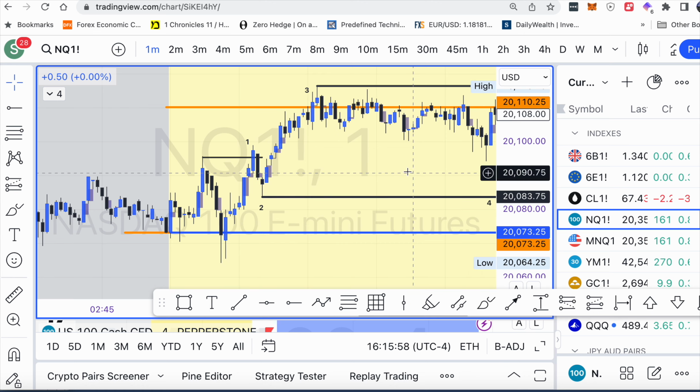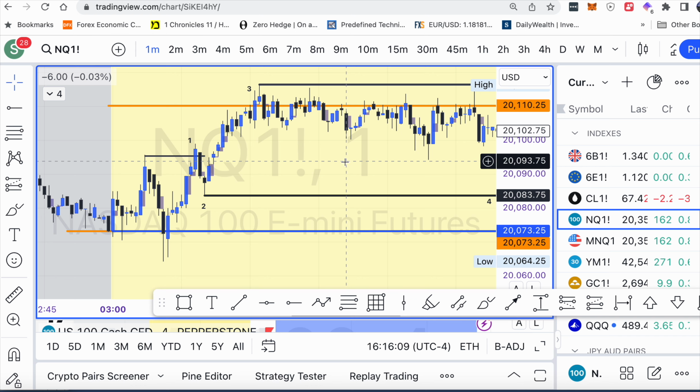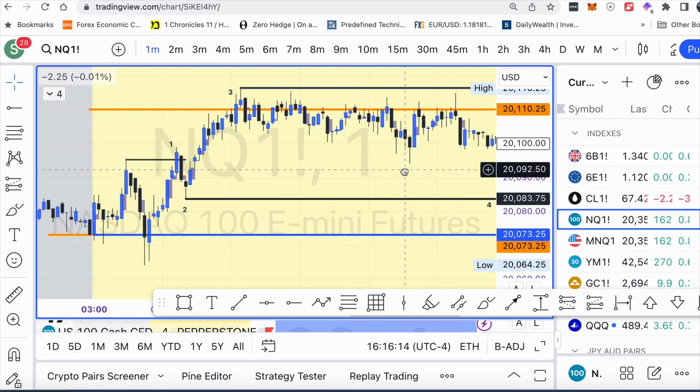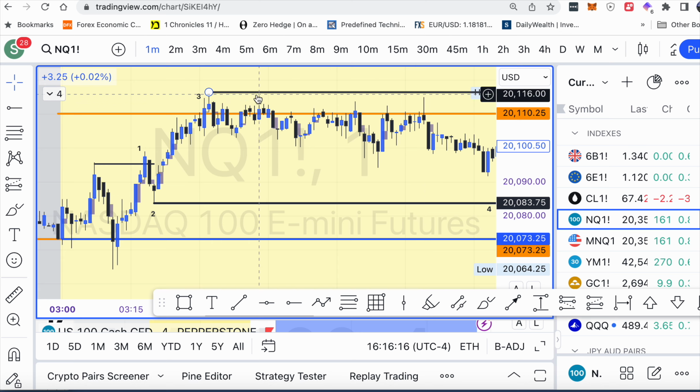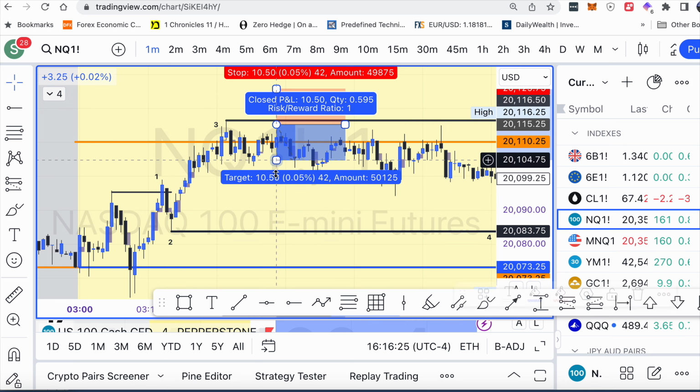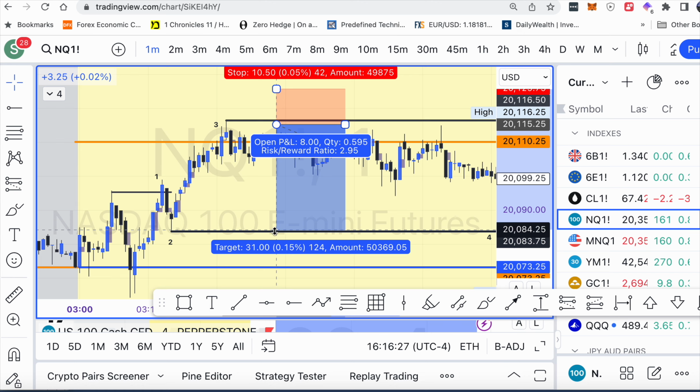You are out with this win, and now we know the price is going to come back here. So we're looking for a pullback. We're looking for a candle formation for it to come back down, and we have two choices. After the 3 is done, and when this candle pushes up, we can take a short position, and what we should do is take profit at the 2 or just above the 2.